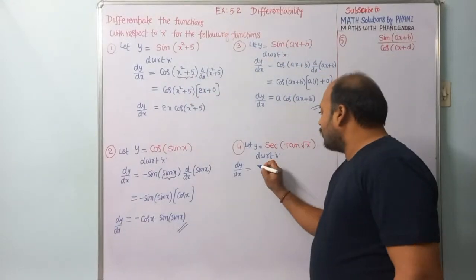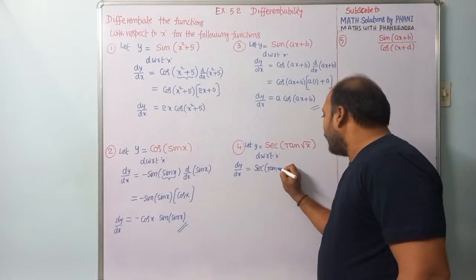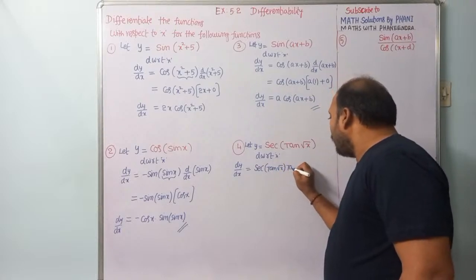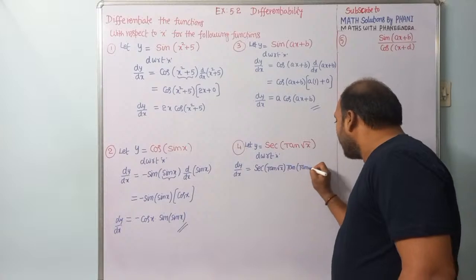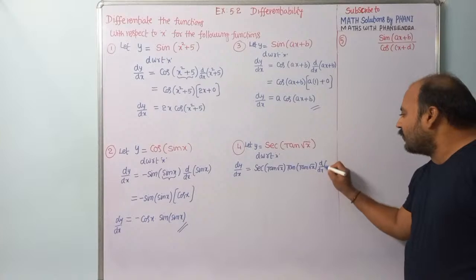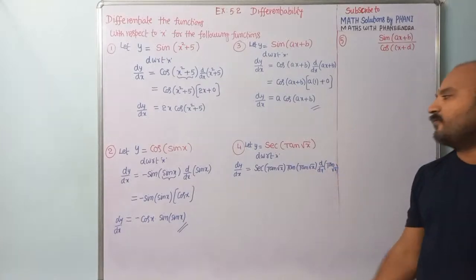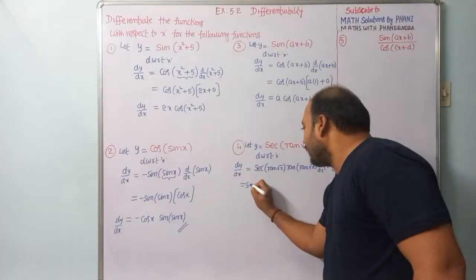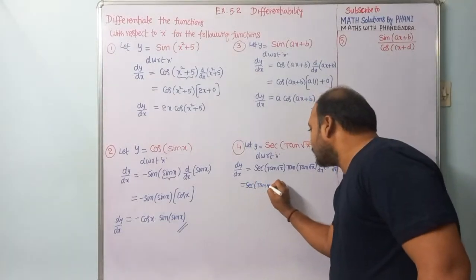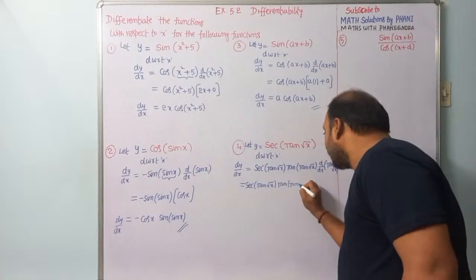So d by dx of secant of tan root x is secant of tan root x into tan of tan root x. Again, what function is involved? d by dx of tan root x.